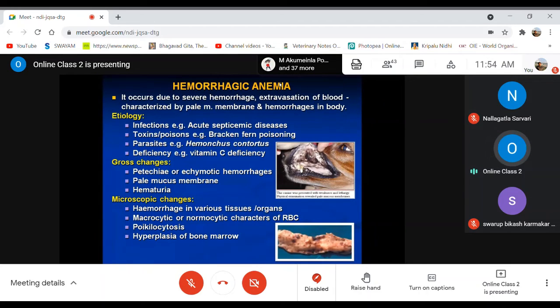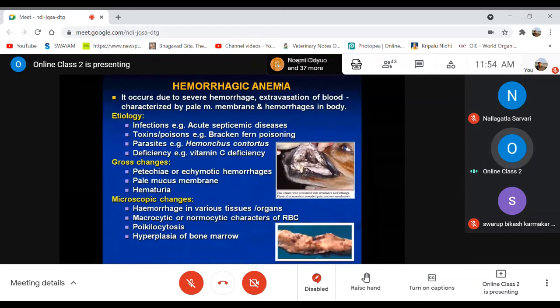That means because of that hemorrhage, you are having the problem of anemia, due to excessive loss of these RBCs, right? So it may occur in many infectious conditions, like acute septicemic diseases, in toxicities and poisoning cases. One of the most common is bracken fern poisoning in the Himalayan regions. You might have seen ferns, these plants, right?